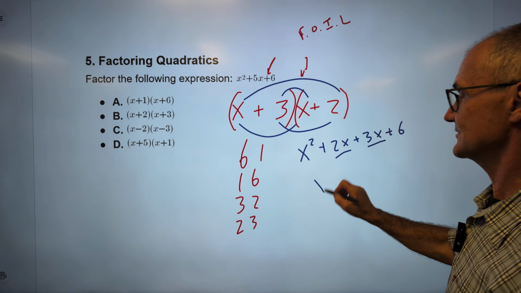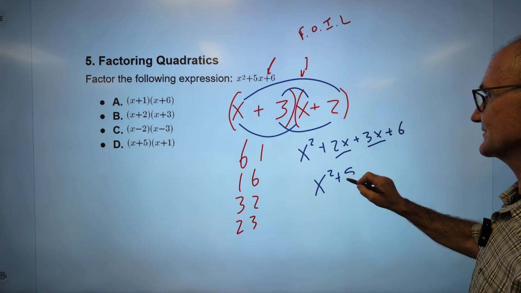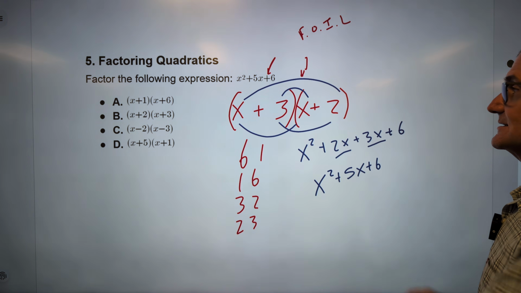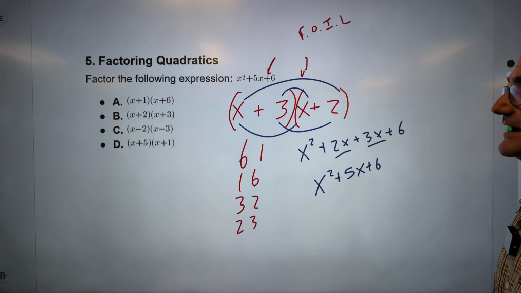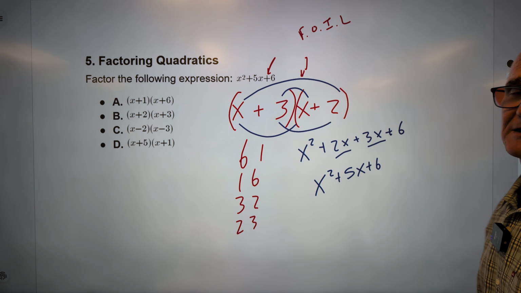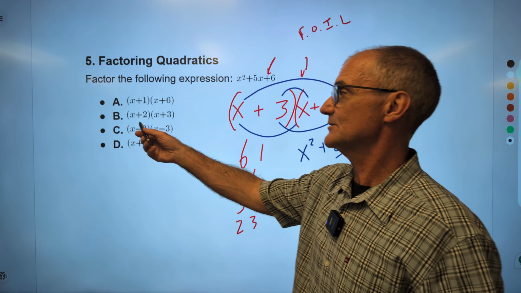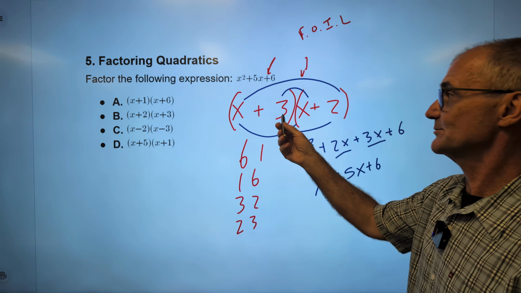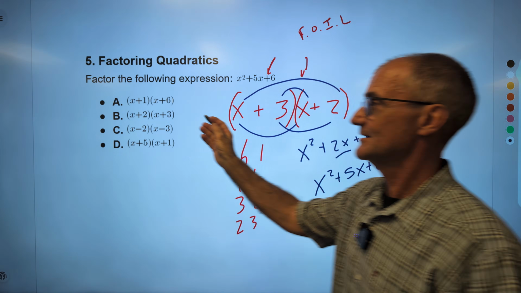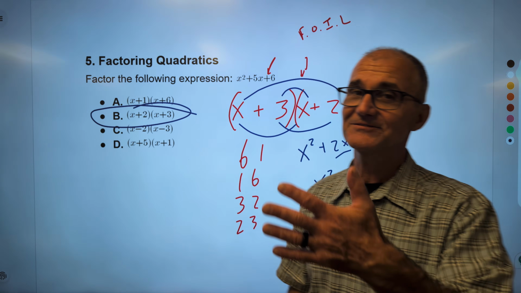Combine my similar terms, giving me x squared plus 5x plus 6. So I could see this and this are the same. Therefore, I have factored it correctly. Multiplication is commutative, so there is no difference between x plus 2 times x plus 3 and x plus 3 times x plus 2. Correct answer B, 5 for 5.